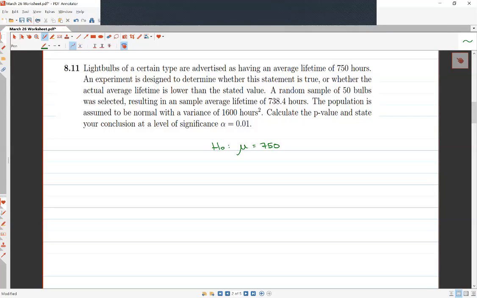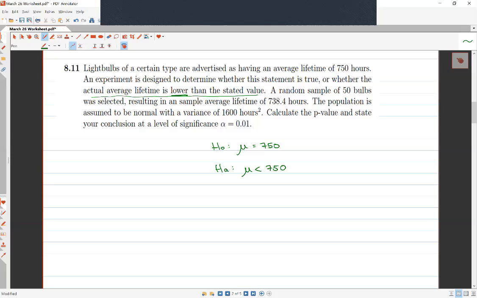And we design an experiment to determine whether this is true or whether the actual lifetime is lower than the stated value. So in this problem, we are given a direction for the alternative. The alternative is mu is below the prior value believed to be true. Mu is less than 750.